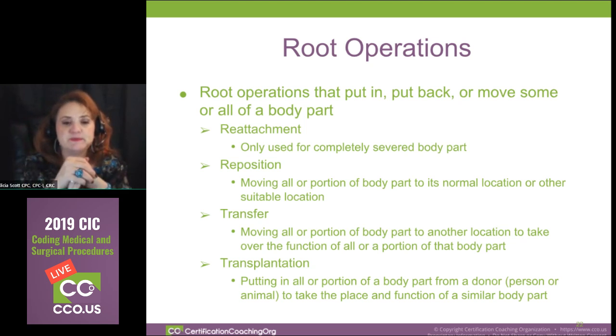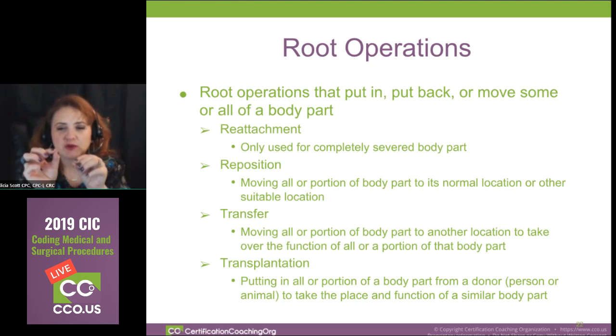Okay, reposition. This would be moving all or a portion of a body part to its normal location or other suitable location. We've had a trauma and we need to reposition the bone.